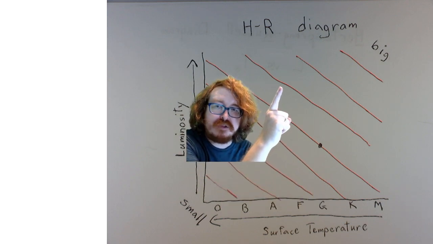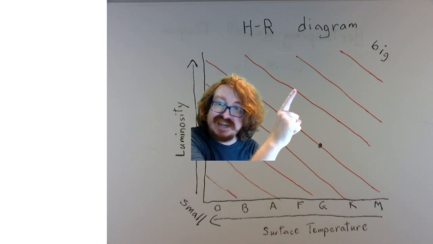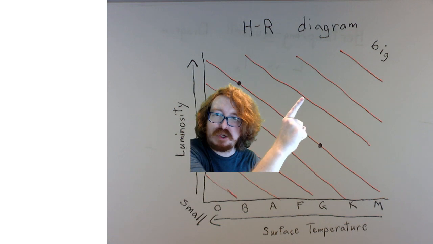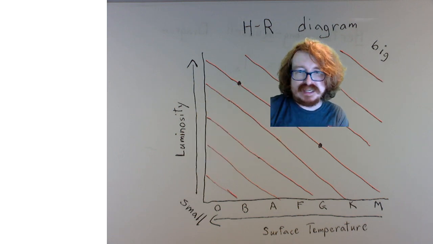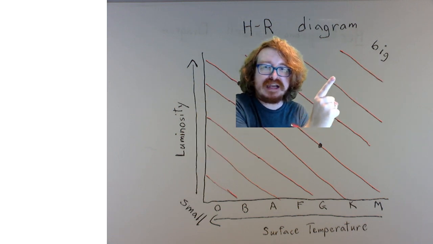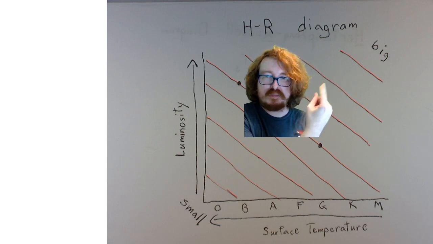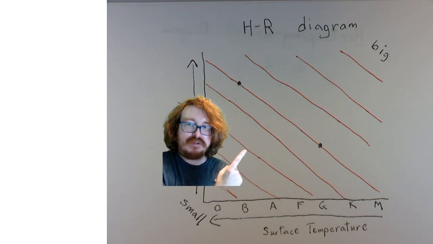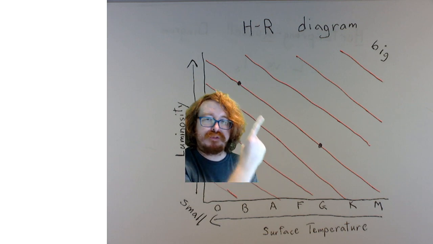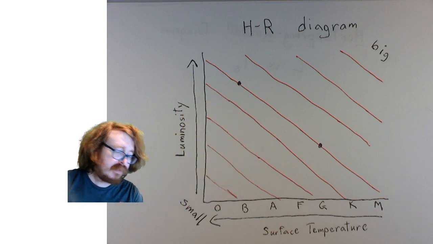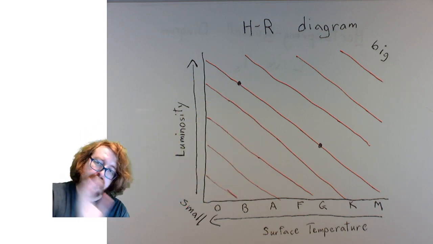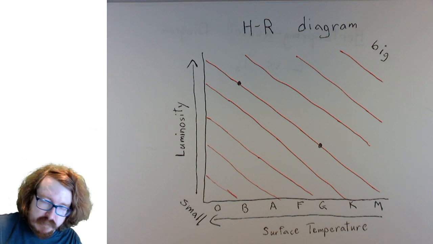But I know that a star that ends up on this line would be bigger than both of these because it's on the next line that's closer to the big corner. Every time you go to the next line, you're bigger than the stars before. And then if there's a star down here on this line, it's smaller than both of these. Okay?